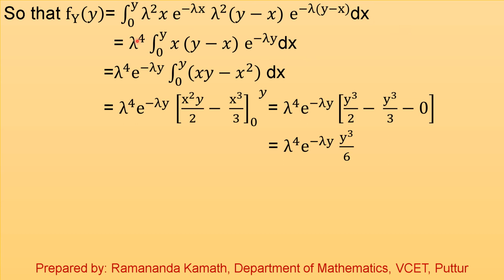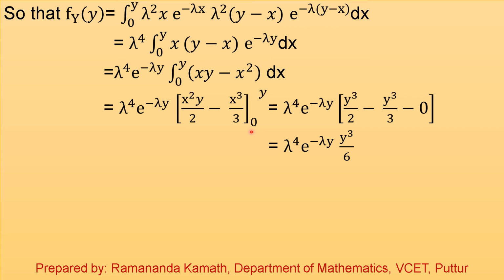So the integration of xy minus x square with respect to x from 0 to y, times lambda power 4 into e power minus lambda y. The integration of xy with respect to x means x square by 2 into y, minus x cube by 3, evaluated between the upper limit y and lower limit 0.